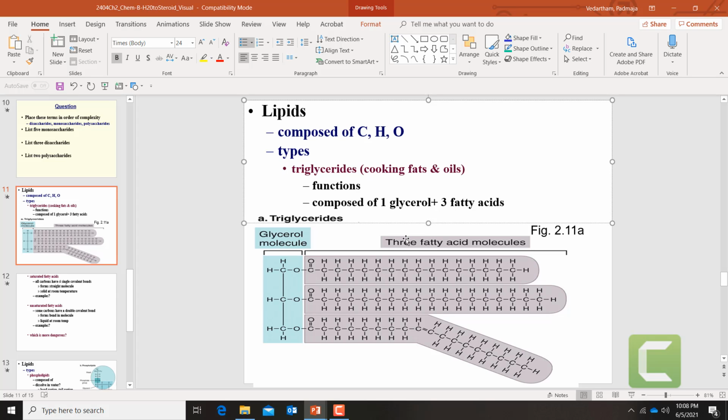These can be saturated, where you have single bonds between the carbon atoms, or they can be unsaturated, having double bonds. The more unsaturated you have, the fat is going to be liquid, like oils. If it has no or very few unsaturations or double bonds, then this would be solid, like coconut oil or butter.